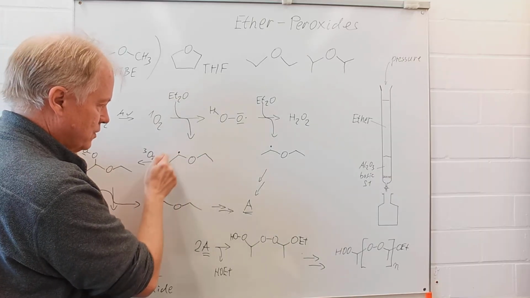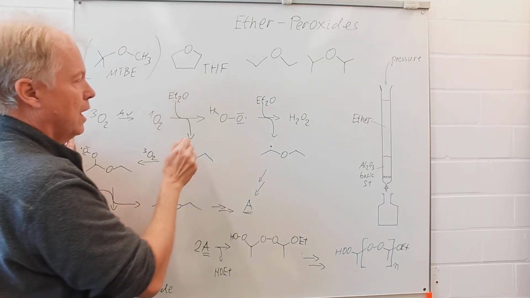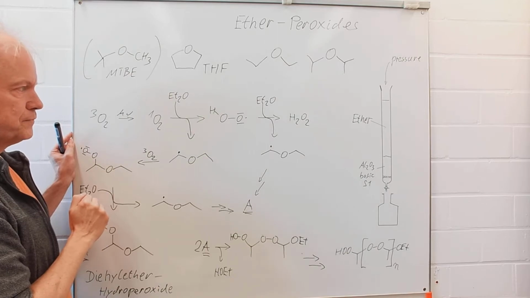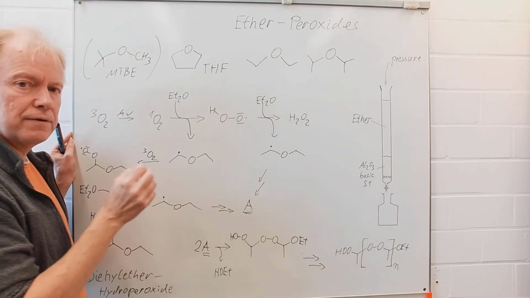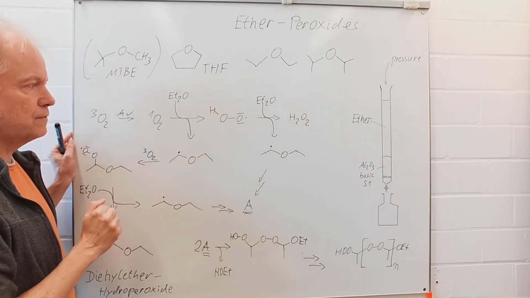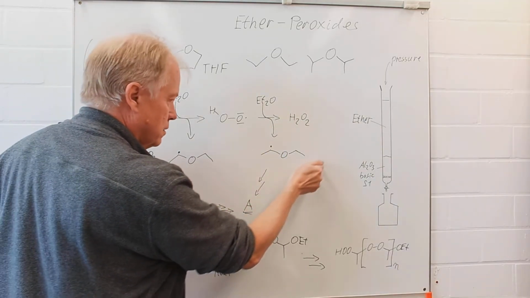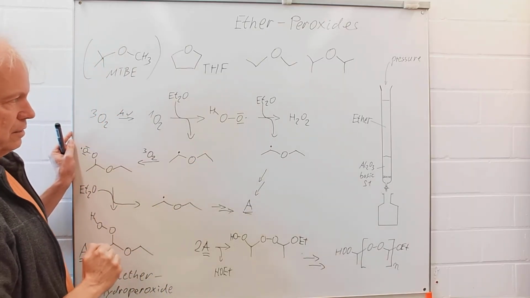forming this stabilized secondary radical and the hydroperoxide radical. This hydroperoxide radical can then react again with a second equivalent of diethyl ether, forming hydrogen peroxide, and this radical here again.